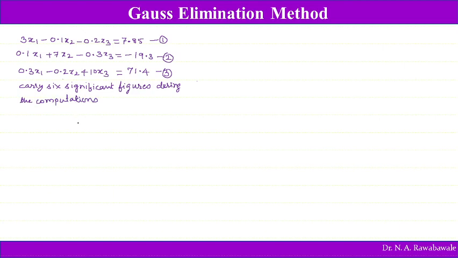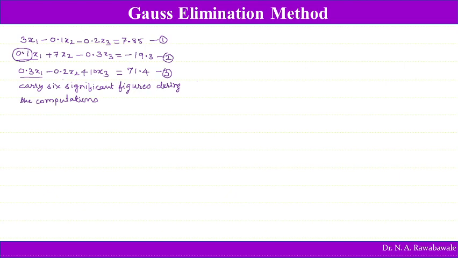Now, to simplify this set of equations, let us multiply equation number 1. So what is to be done here? This first term x1 is to be eliminated. So first of all, we multiply equation number 1 by 0.1 and divide it by 3.